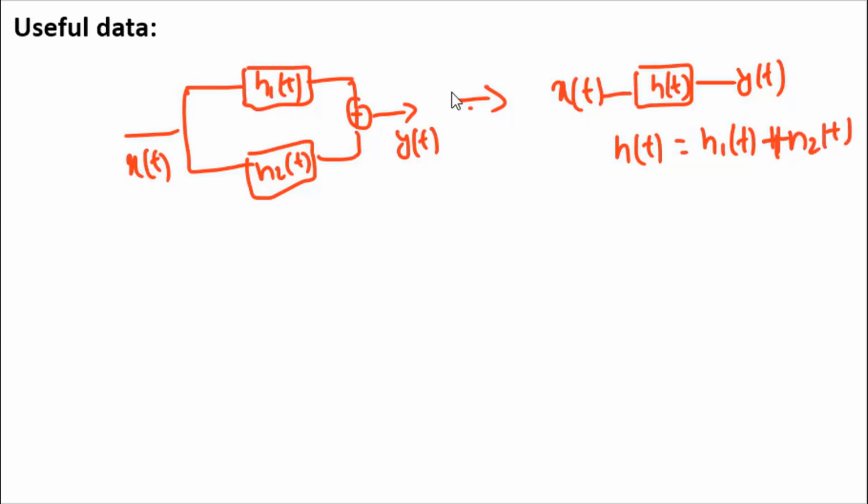That is, if you are given two cascaded impulse responses, the overall response will be given by the summation of the individual responses. So this is the first useful data.